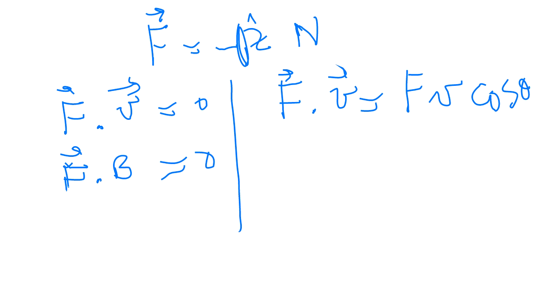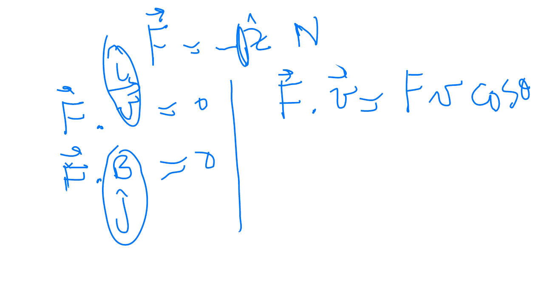Remember, V was along I hat and B was along the J hat direction. If I multiply F and V, F is along the Z hat and V is along the I hat. What is the angle between them?